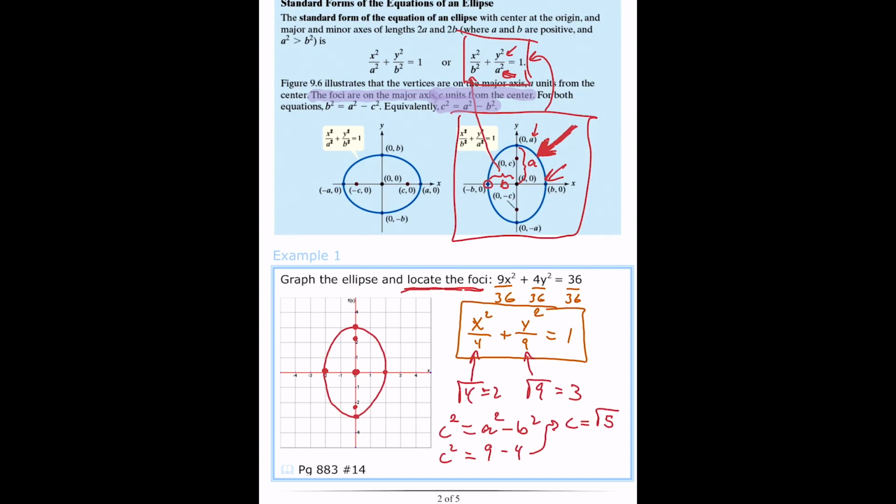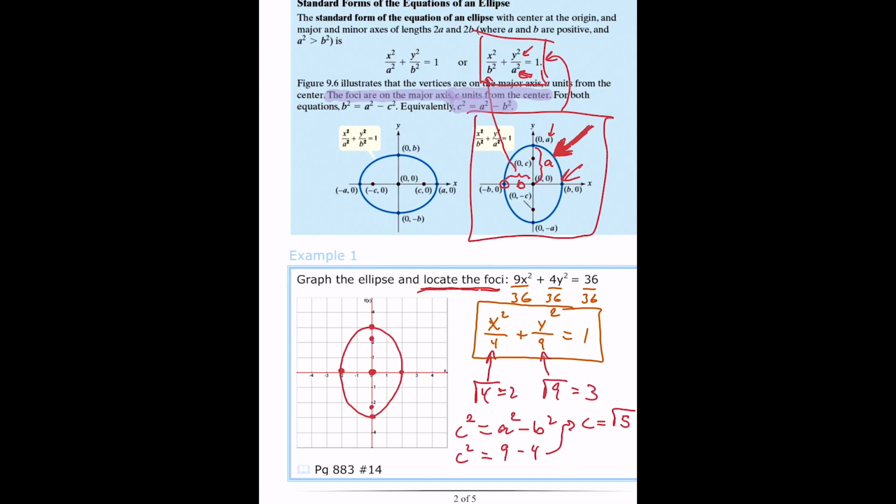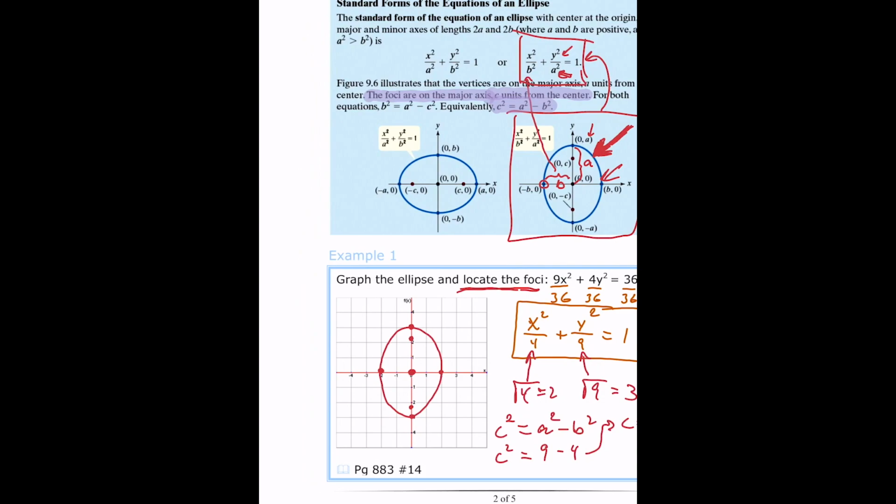If we wanted, just real quick, where should we write this? Maybe to the left of our graph. I'm going to write down the coordinates of my foci. Coordinates x comma y are going to be 0 units in the x direction, and then plus or minus square root of 5 units in the y direction.